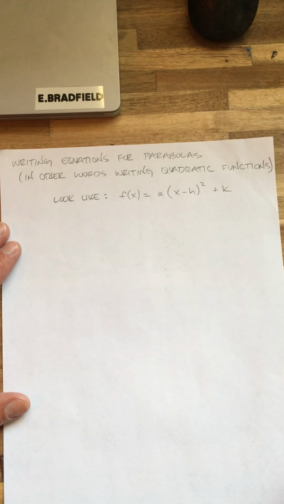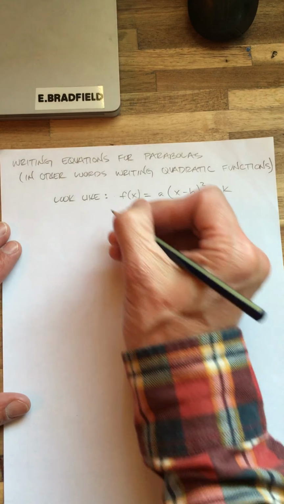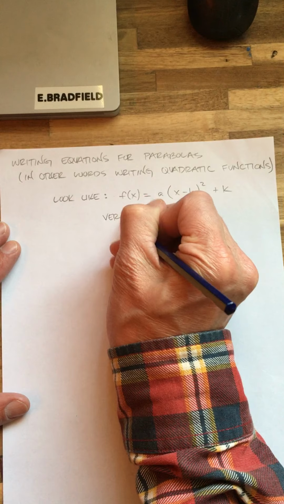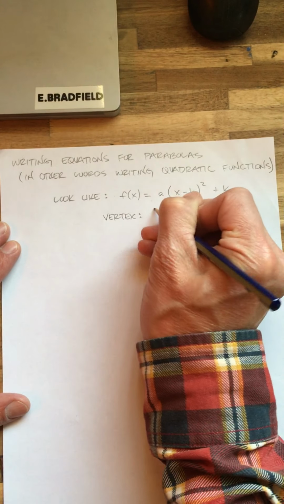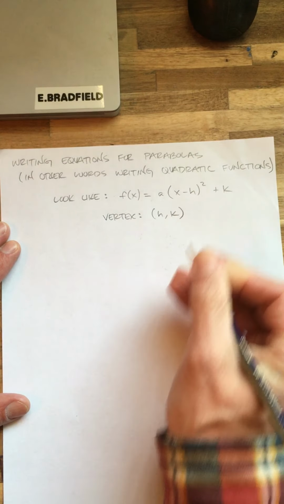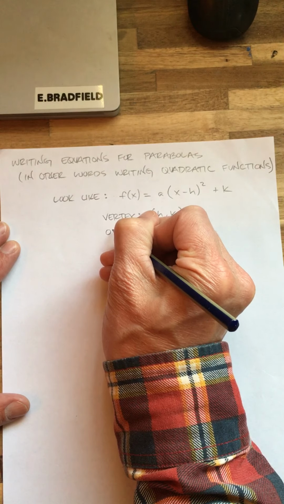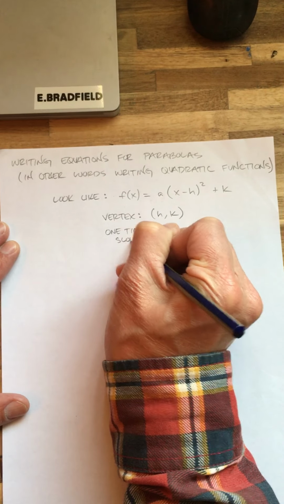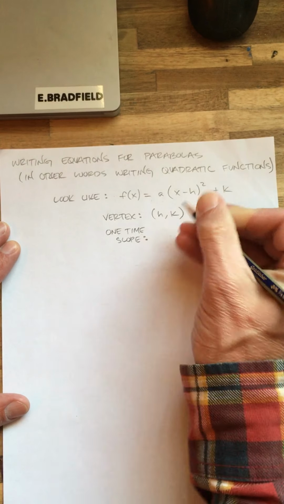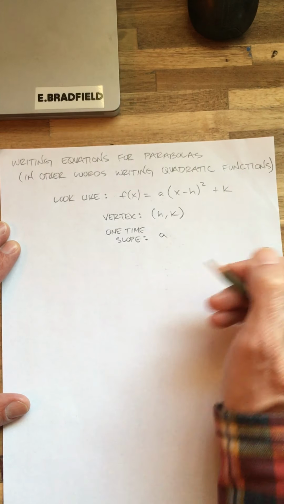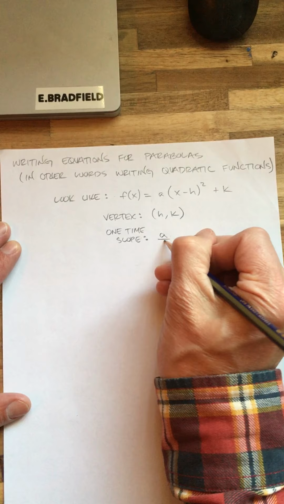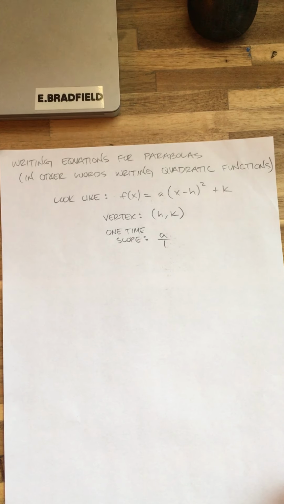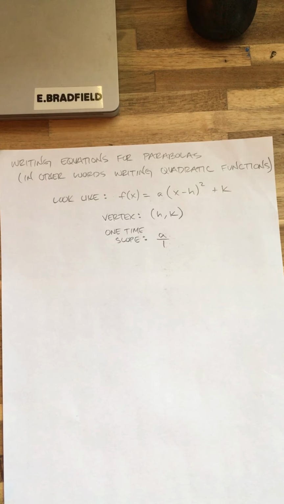And just a reminder, the vertex is always (h, k), and the slope is always going to be your a, or the a over 1, really. Whatever number you have there over 1. All right, so let's get warmed up first.